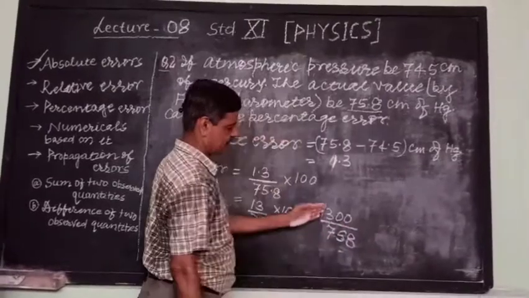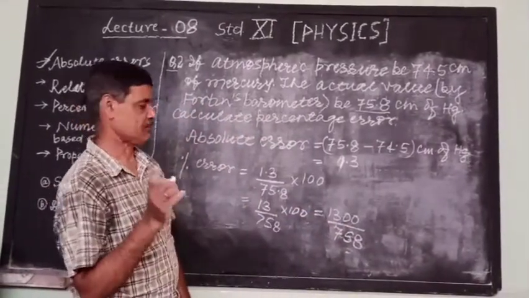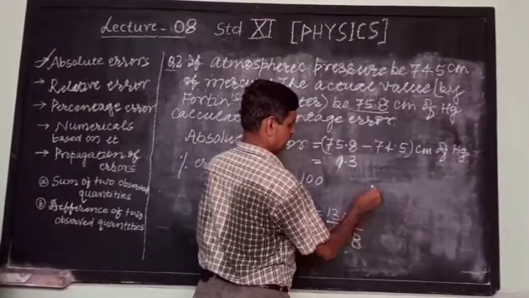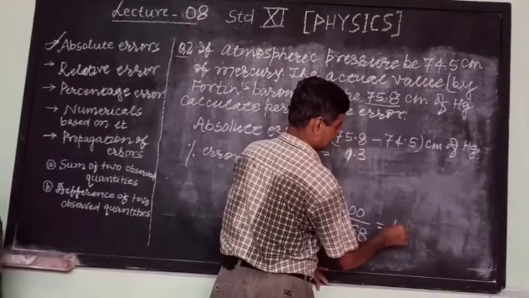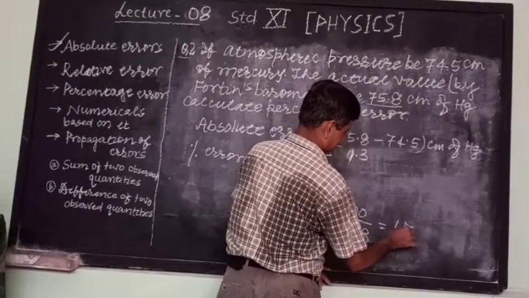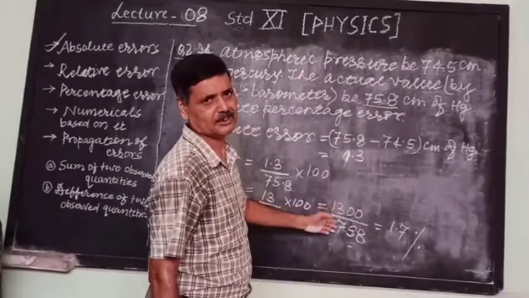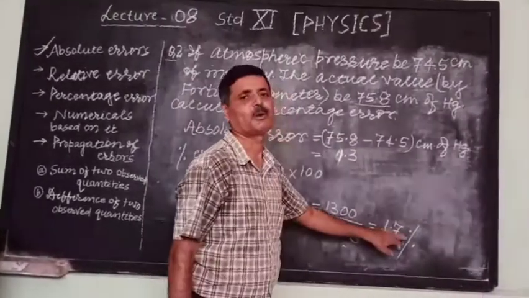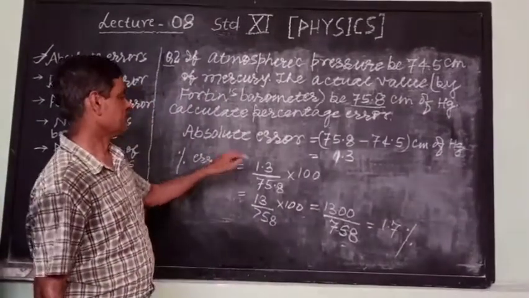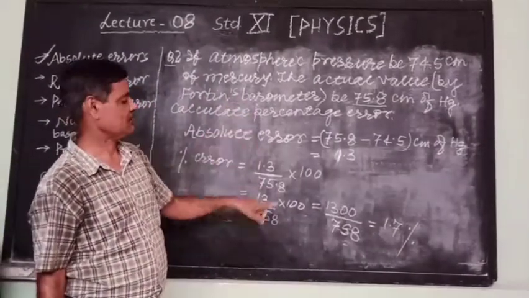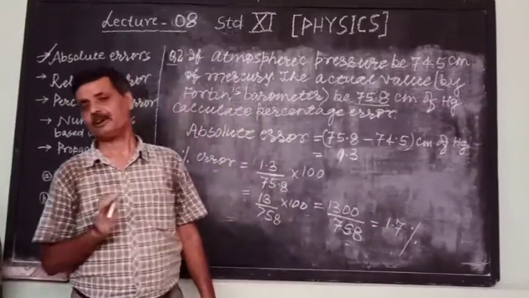Now we have to divide this by this, and this ratio will be in percent. This divided by this will be approximately 1.7. You can solve it very easy. Approximately it will be 1.7%. Hence we can say the percentage error in the given pressure is 1.7%.